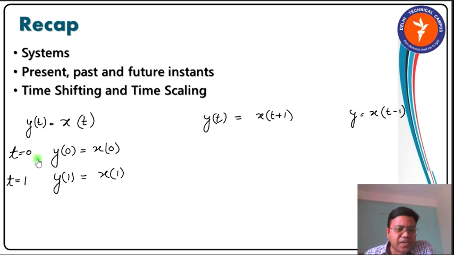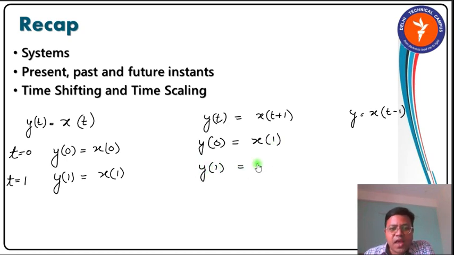But in this equation at t equal to 0, we have y(0) equal to x(1), and similarly at t equal to 1 we have y(1) equal to x(2). Now these two equations are saying that the output at t equal to 0 will depend upon input at t equal to 1. Similarly, output at t equal to 1 will depend upon input at t equal to 2.